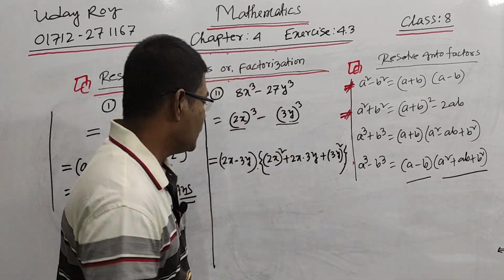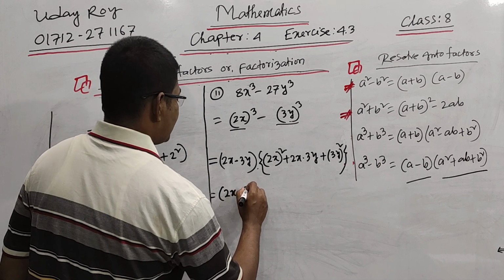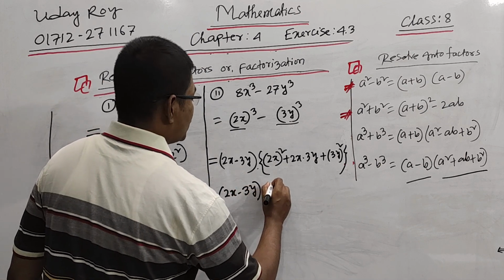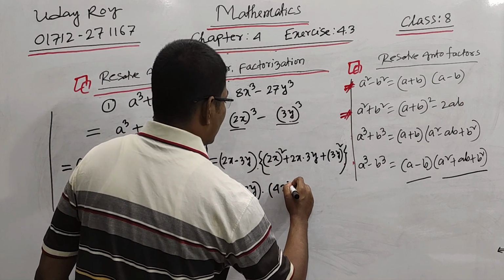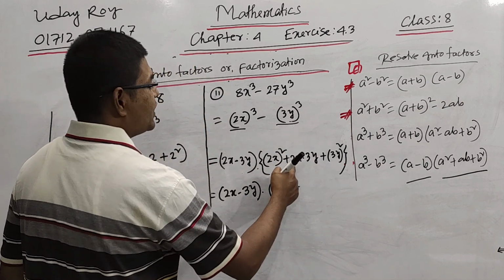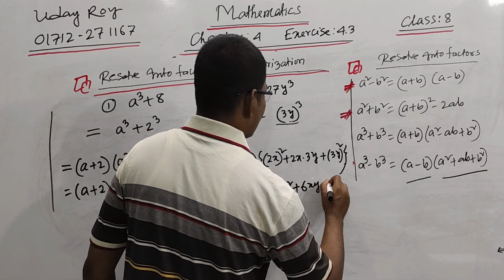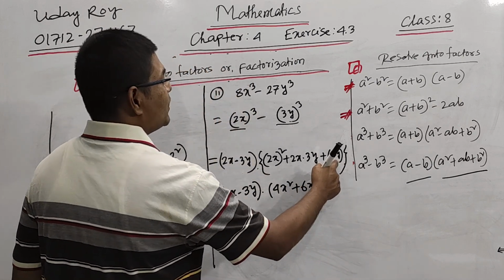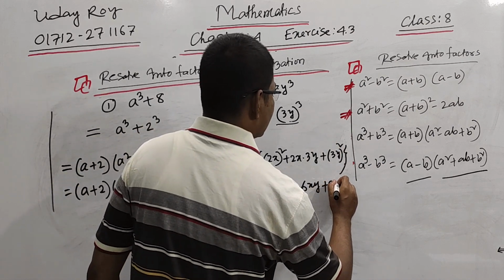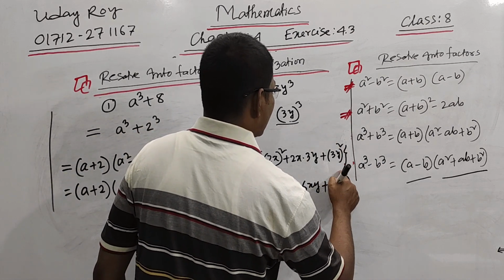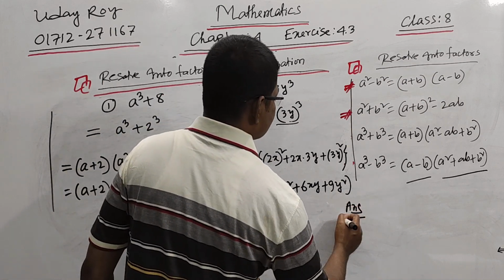So twice x minus thrice y into 2x whole square, we have got 4x square. 3 into 2, 6xy, and 3y whole square, that means we have got 9y square. Your maths is done.